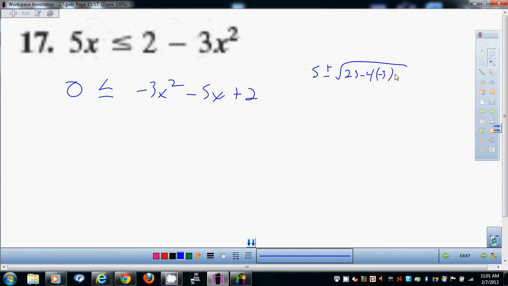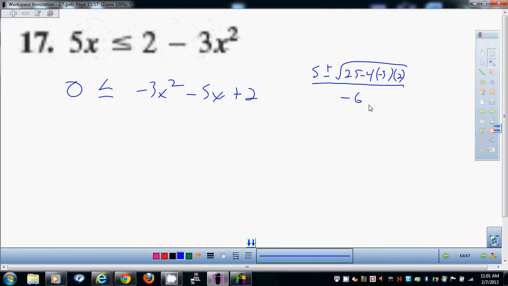Quadratic formula. Negative b plus or minus the square root of b squared minus 4ac, all over 2a. Okay, here we go. 25.